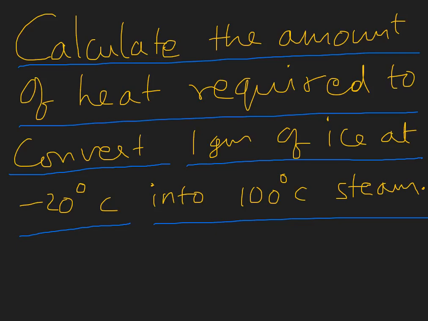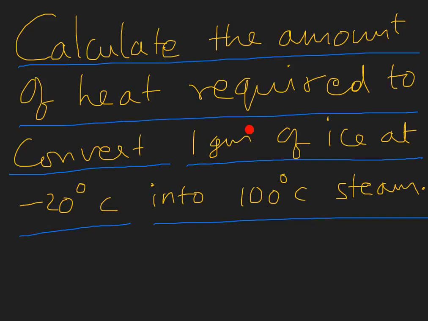So the question is: calculate how much amount of heat is required to convert 1 gram of ice at minus 20 degrees centigrade. That means initially ice is at minus 20 degrees centigrade.